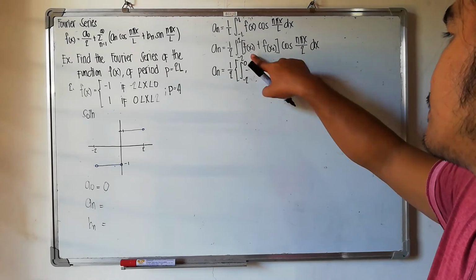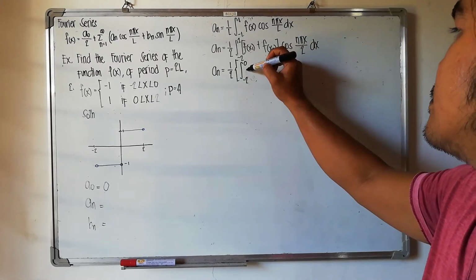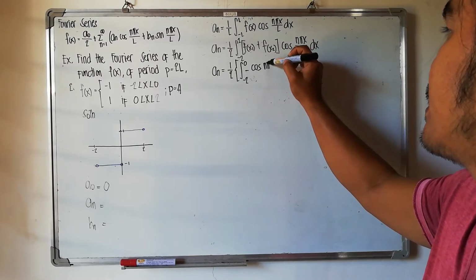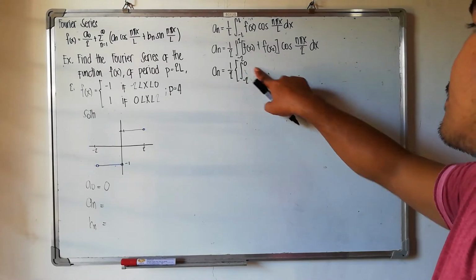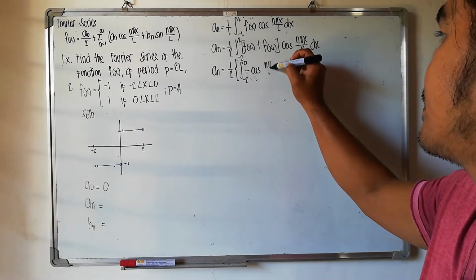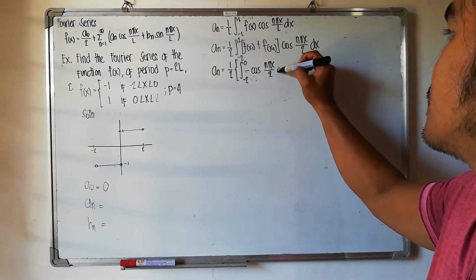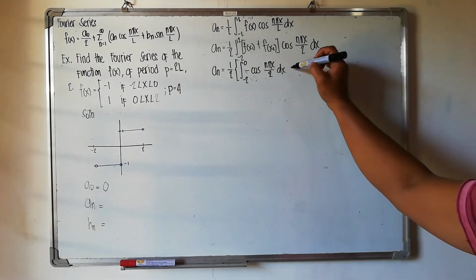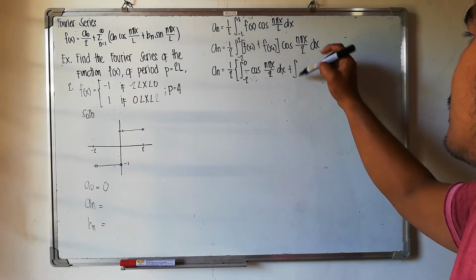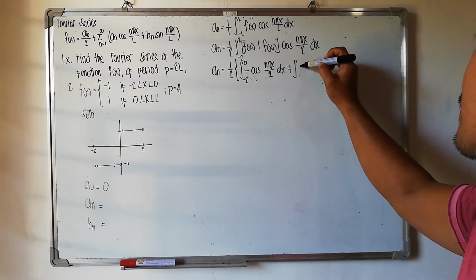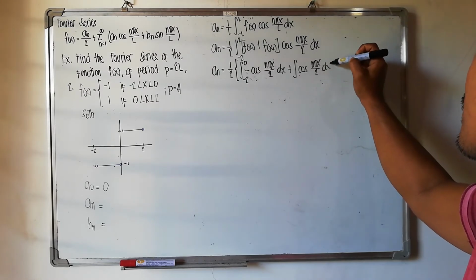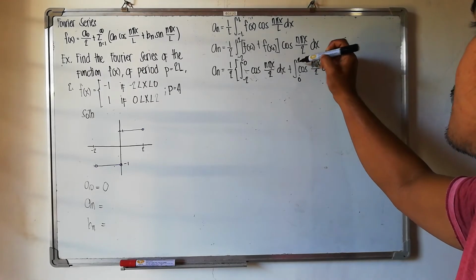Oh, sorry, we forgot, this would be negative times your cosine, so that will be negative cosine n pi x over 2 dx plus the second function, which is equal to positive 1. So positive 1 times cosine n pi x over 2 dx from 0 to 2.